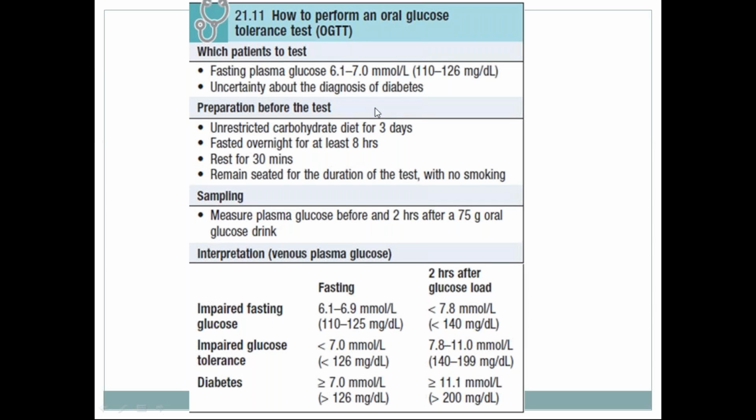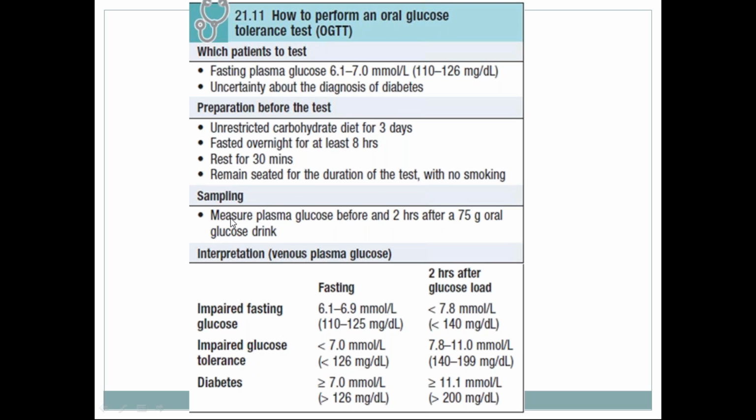For preparation, the patient is given an unrestricted carbohydrate diet for at least 3 days, and overnight fasting for at least 8 hours, and 30 minutes of rest with no activity. There should not be any smoking, as it also impairs the glucose test.